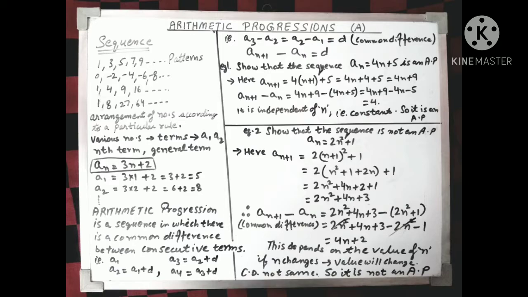So what are we seeing basically? That these are arranged in a particular pattern following some rule. Such an arrangement is called a sequence, and the various numbers which occur in the sequence are known as its terms. We denote the terms like a1, a2, a3 and so on.